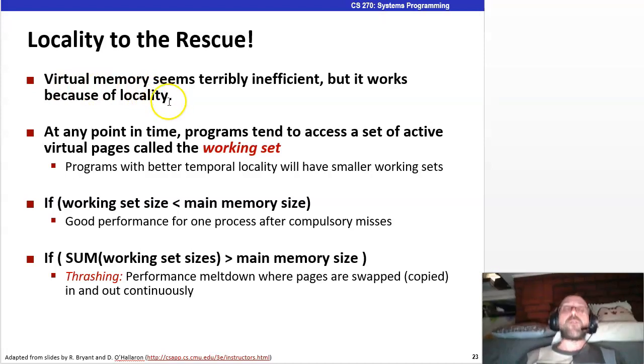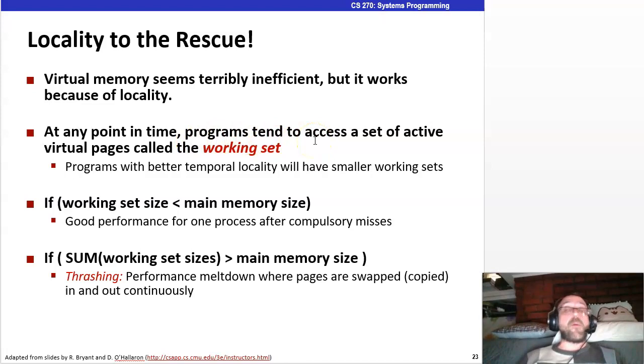But it turns out we have something called locality. Typically, if a program accesses a given address, it's very likely to access addresses nearby soon. So at any given point in time, there tends to be a pretty small set of pages that a process is using. It might have many, many pages mapped into virtual memory, but only a few of them that it's using constantly.